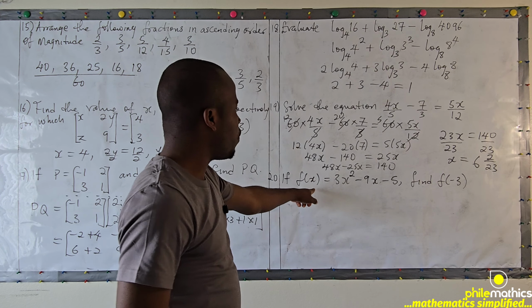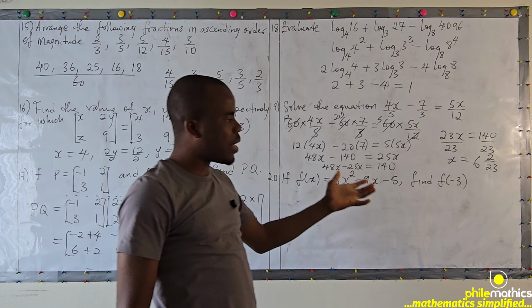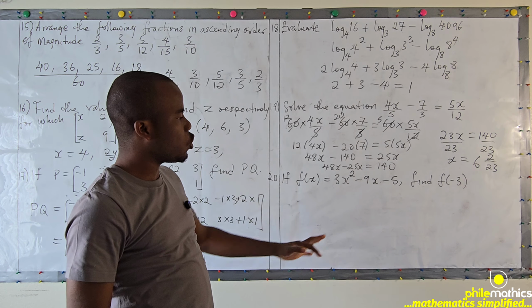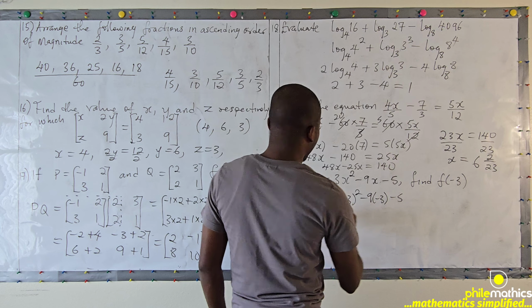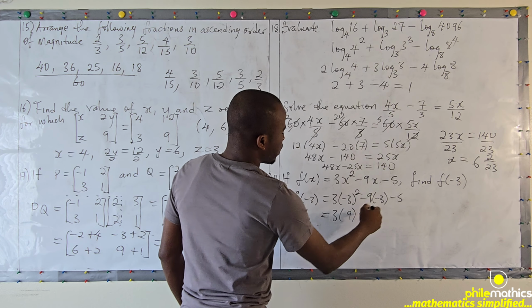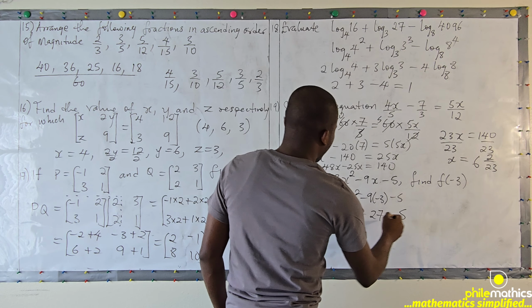Question 20 says if f of x is 3x squared minus 9x minus 5, find f of minus 3. f of minus 3 simply means substitute minus 3 for x in this. So f of minus 3 will be 3 times (minus 3) squared minus 9 times (minus 3) minus 5. 3 times 9, minus times minus is plus, 9 times 3 is 27, minus 5.